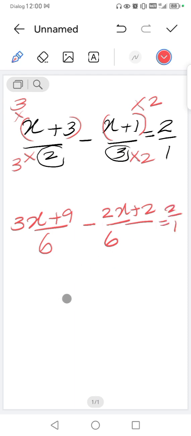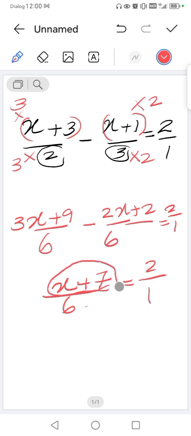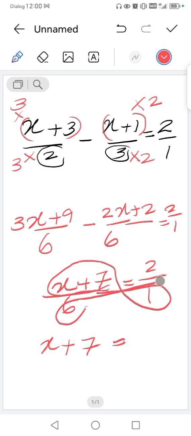Then 3x minus 2x is x, and 9 minus 2 is 7, so it's x plus 7, equals 2 by 1. Now we cross multiply: (x + 7) into 1 is x plus 7, equals 6 into 2, that's 12. That's also very easy.